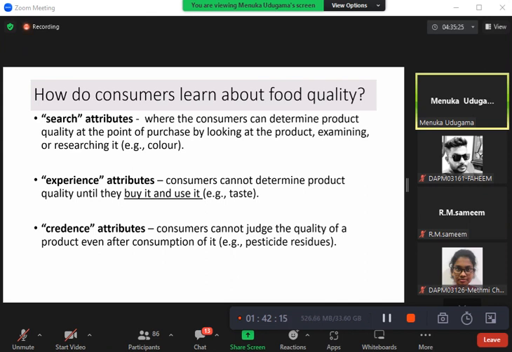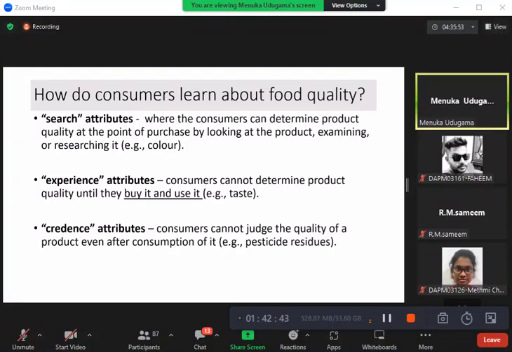If you go to a supermarket, or to a bakery, and buy a loaf of bread, if you usually buy every day from the same bakery, and if the color has changed today, then you know that there is a problem with quality, right? If it's a bit more burnt or if the size is different, by looking at it, you can know about the quality of the product. So those are called search attributes.